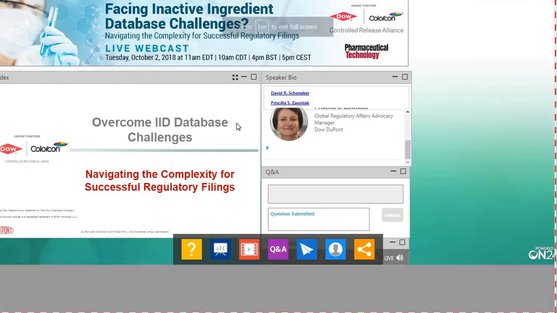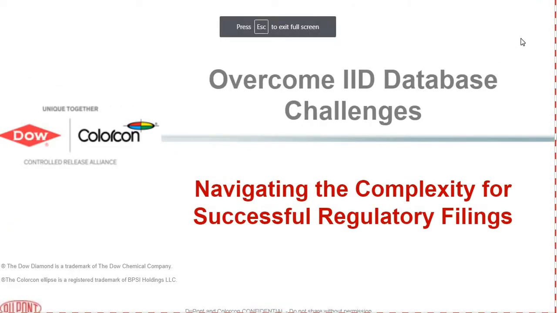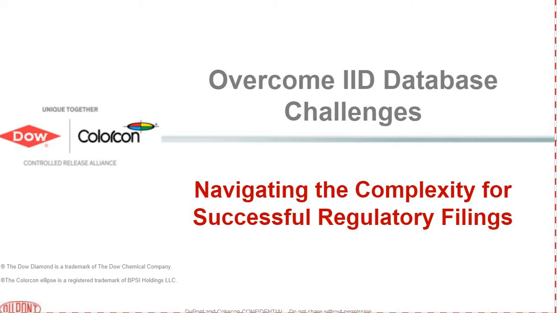You actually have to justify the use of a specific grade, especially if other grades in the IID do have specific listings. So what you're going to need to do is to get information from your supplier regarding the tox information that either exists in their DMF or maybe in published literature that can support the safe use of the grade that you actually want to use.